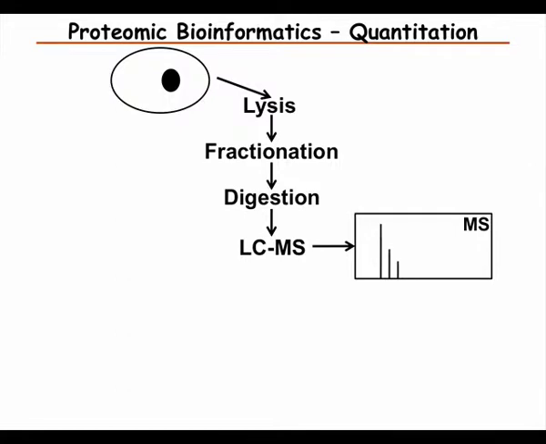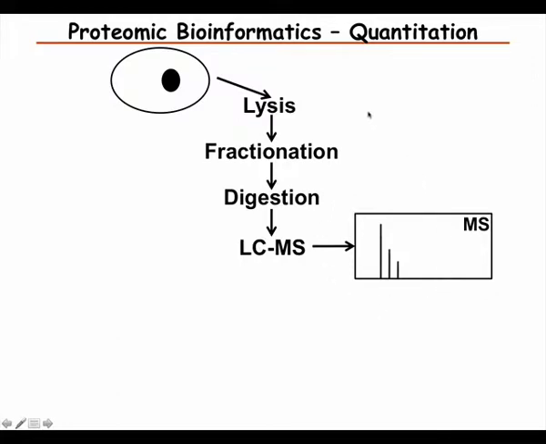So basically if we look again at the experimental workflow, we have our sample and we lyse the cells, we might fractionate the proteins and then we digest them, and finally we separate the peptides with LC and then measure our mass spectra.